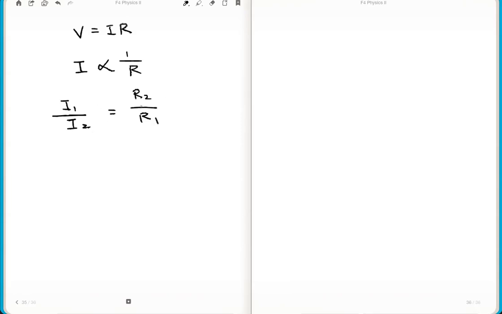Then I1 would therefore be R2 over R1 times I2.